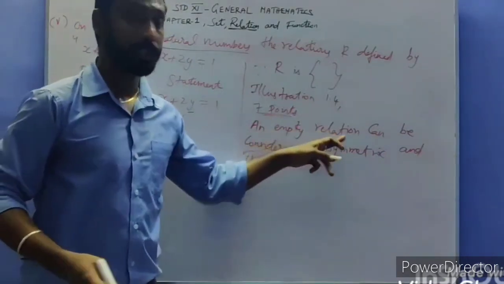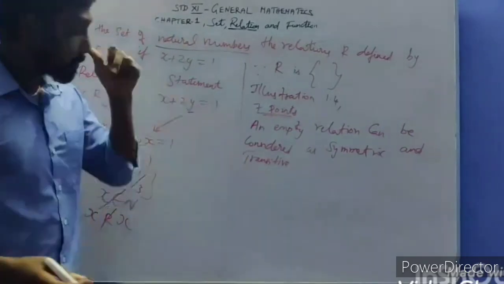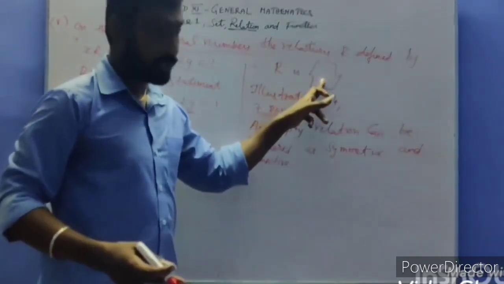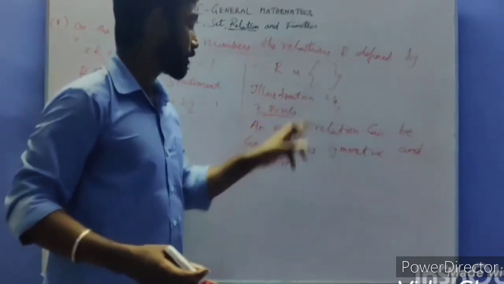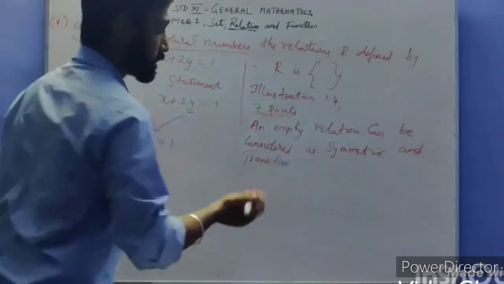An empty relation can be considered as symmetric and transitive, because here R is an empty set. An empty relation can be considered as symmetric and transitive.